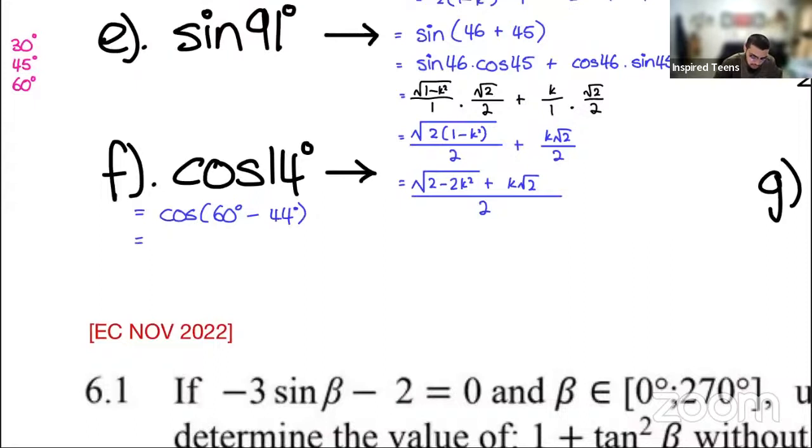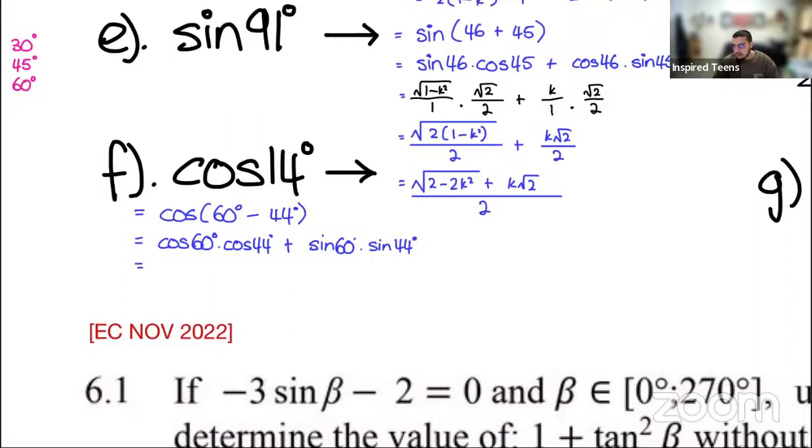Now I use compound angles. I say cosine 60 times cosine 44 plus sine 60 times sine 44. So this is how you expand the cos compound angle.